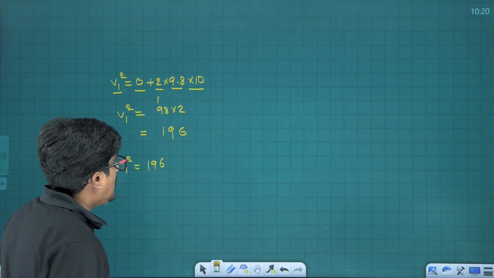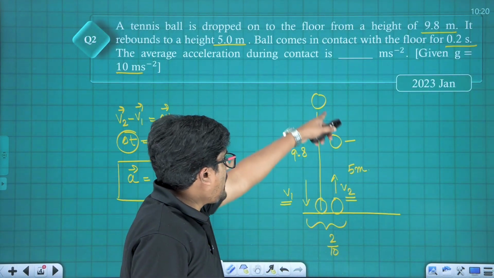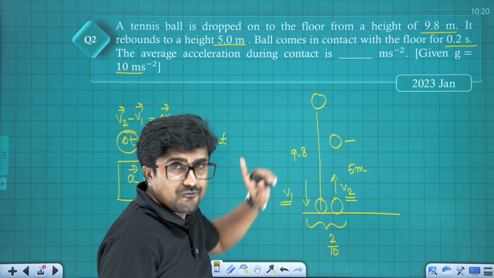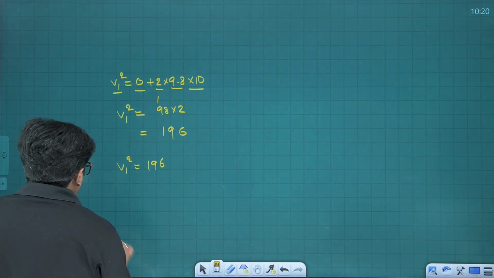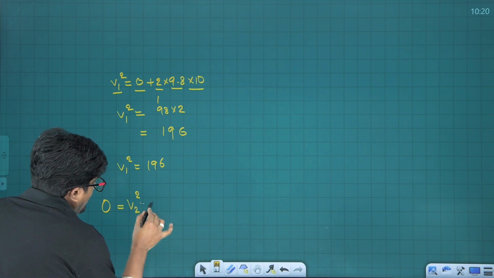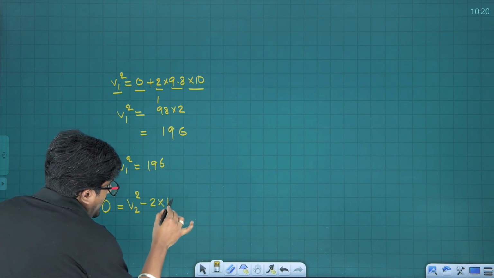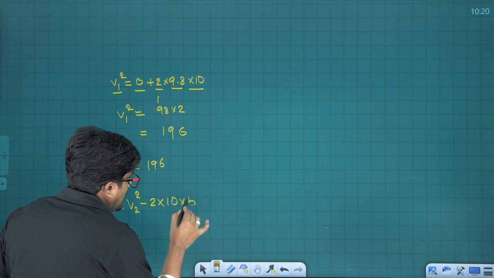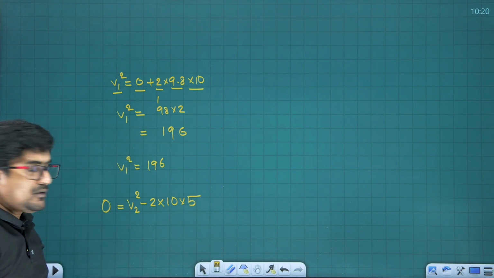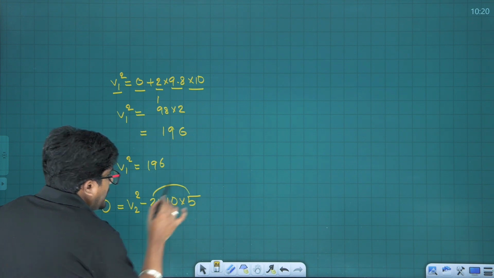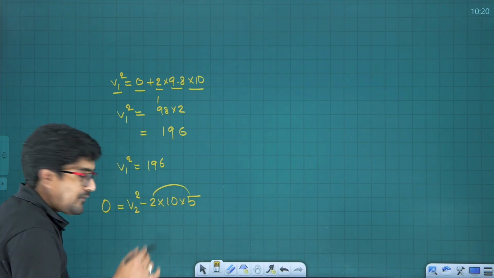Now it's going up to a height of 5 meters. So I can say that 0 equals v2 square minus 2 into 10 into 5, where 10 is the acceleration due to gravity and 5 is the height. 5 twos are 10 and 10 tens are 100.